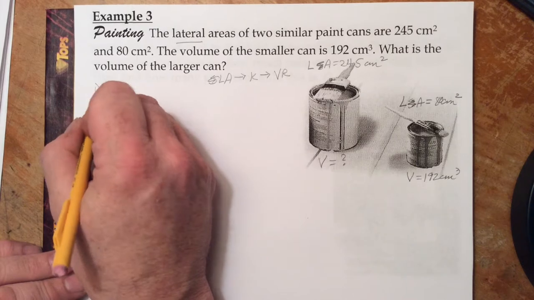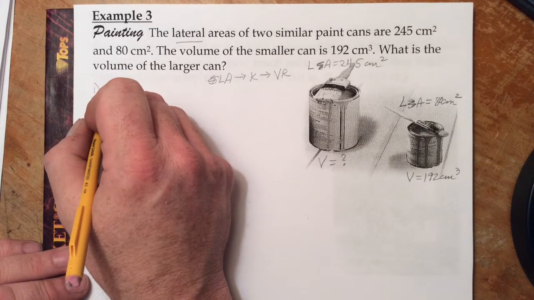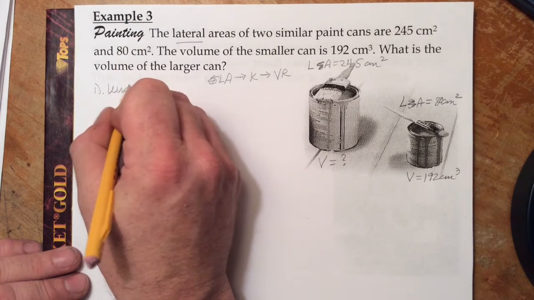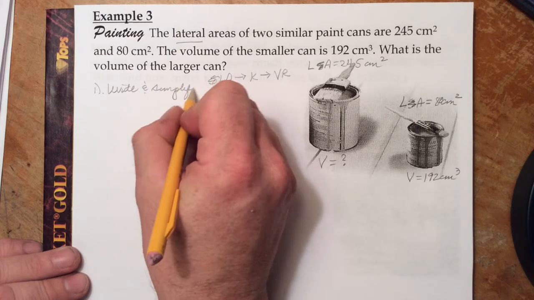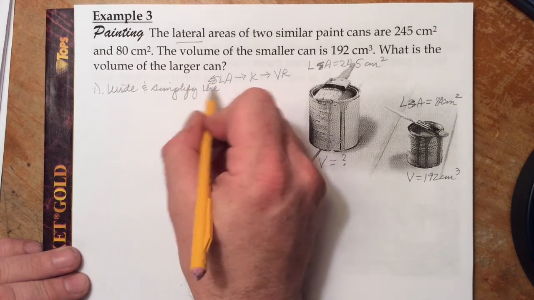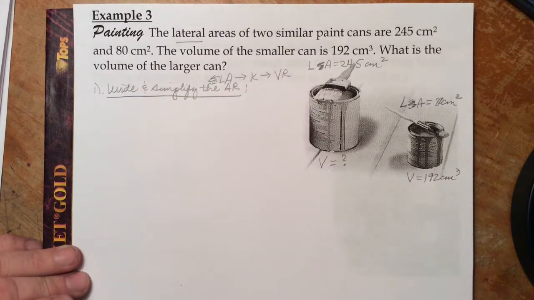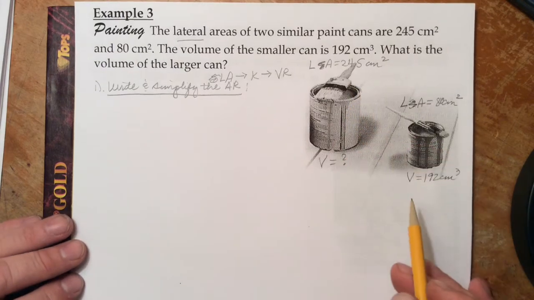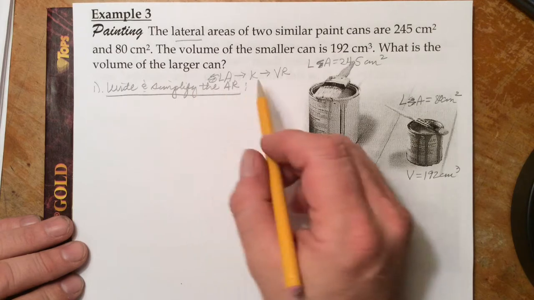So to start off with, number 1, since we have both lateral areas, write and simplify the AR, or area ratio. To do that, it doesn't really matter in this problem whether we use small to large or large to small, because they're asking us for the volume of the larger can.